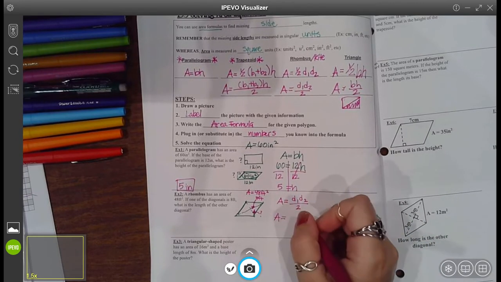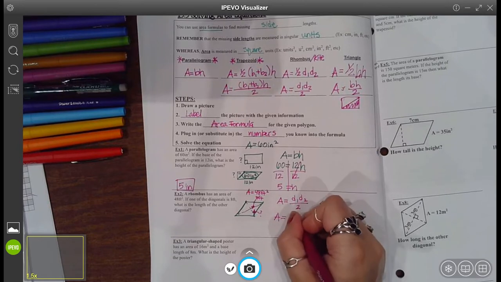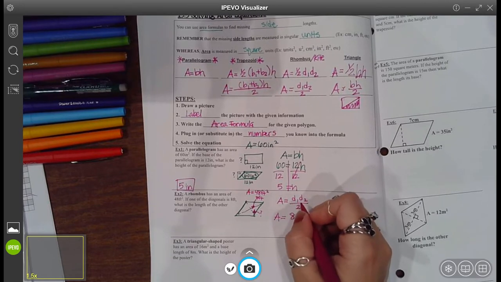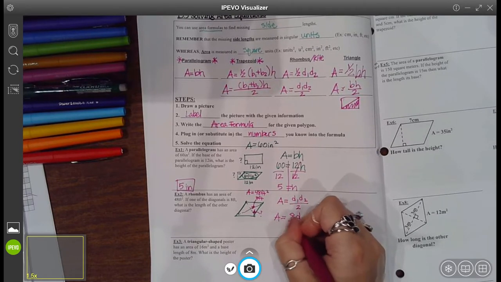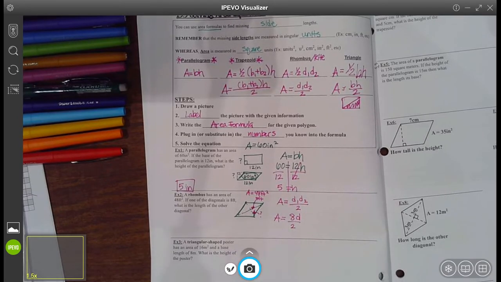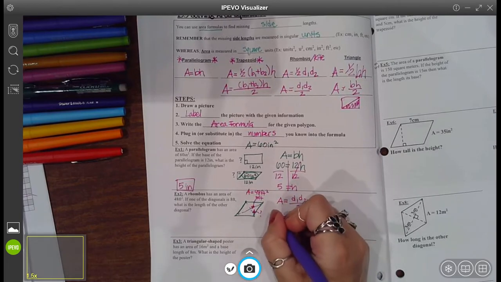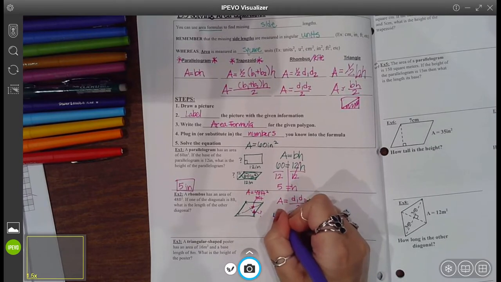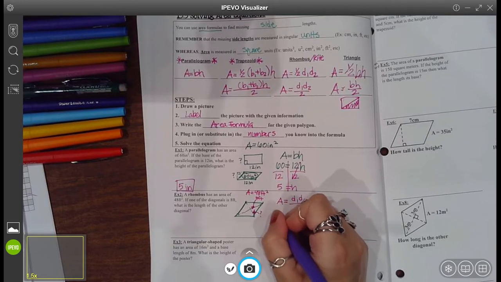So then one diagonal is 8. The other diagonal, we don't know, and over 2. And you're like, wait, I have 2 variables. Oh, that's right, because they actually told me that the area is 48. So I'm going to replace the A with 48.